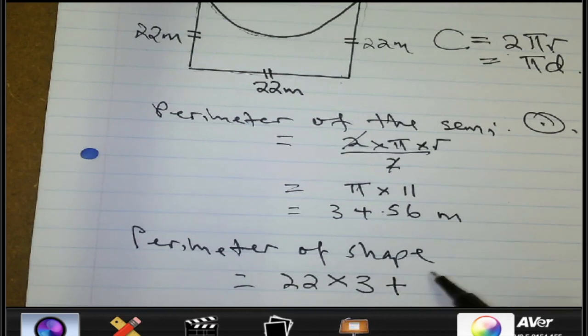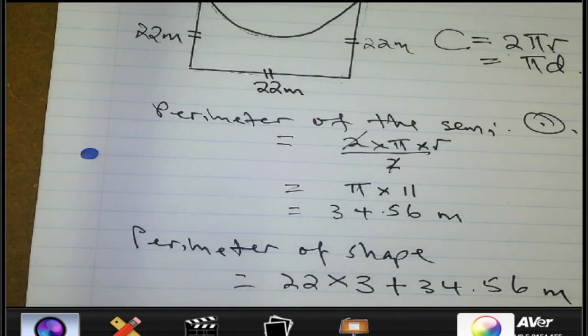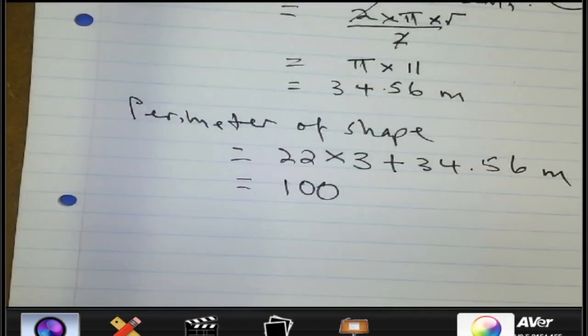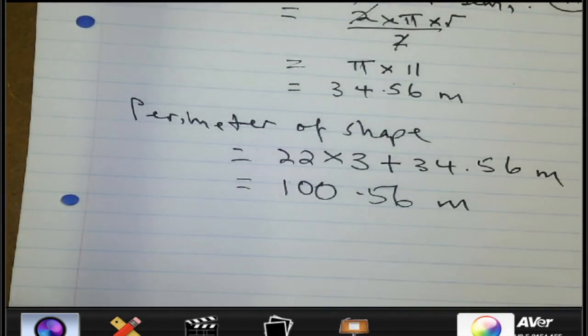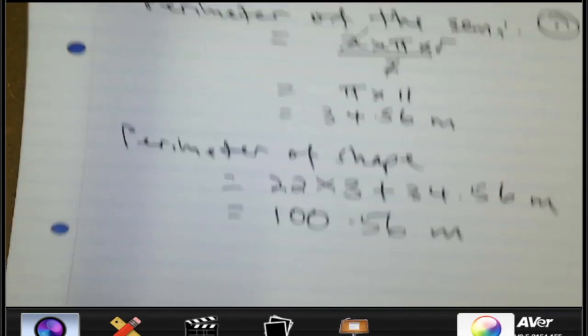And we are going to add the 34.56 meters that we got there. All right, 22 times 3 should be 66, right? So the final answer to 2 decimal places should be 100.56 meters. So that is the perimeter of that shape there.